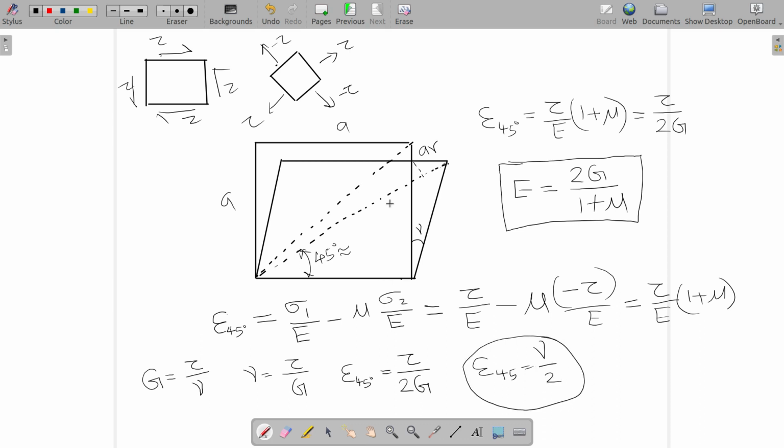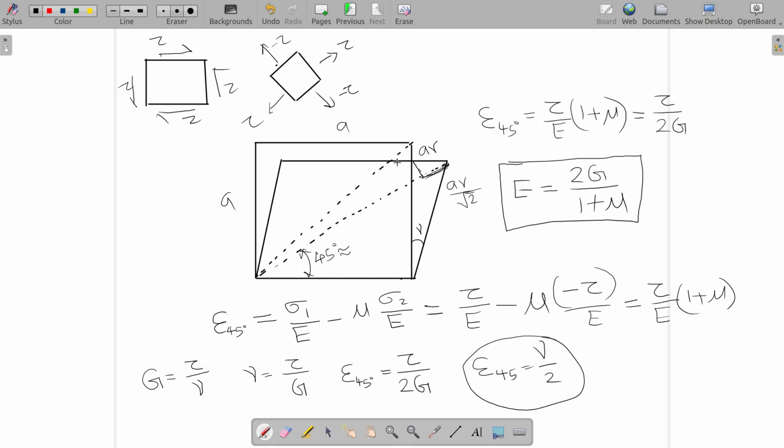How do we do that? For an infinitesimally small deformation, gamma, this length is a gamma, just like I told. So if you take this small triangle here, this length will be equal to a gamma by root 2, considering that this is 45 degree, right?